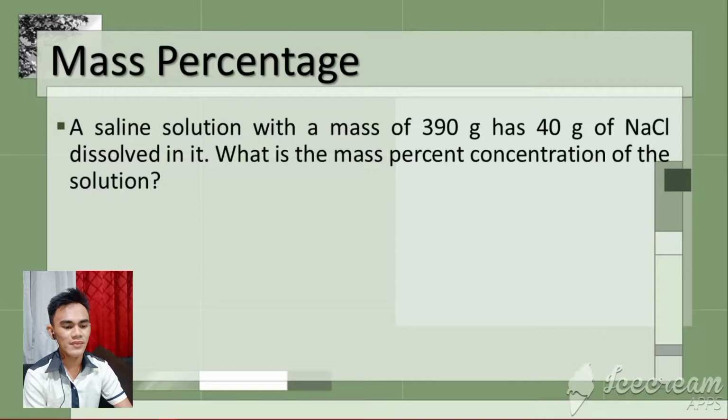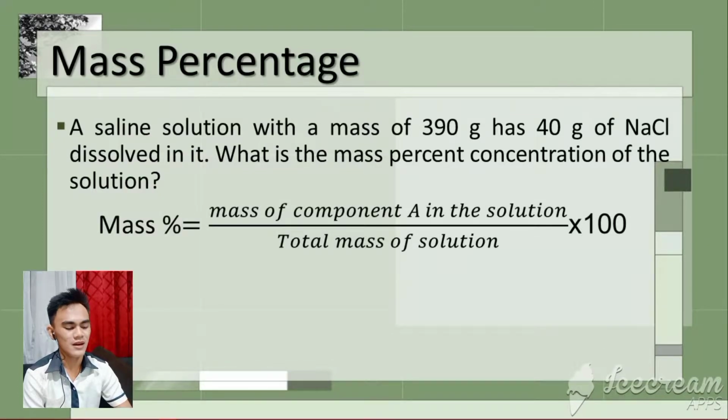It states that a saline solution with a mass of 390 grams has 40 grams of sodium chloride dissolved in it. What is the mass percent concentration of the solution? So by using our formula, mass percent or mass percentage is equal to the mass of component A in the solution, or that is our solute, divided by the total mass of the solution times 100.